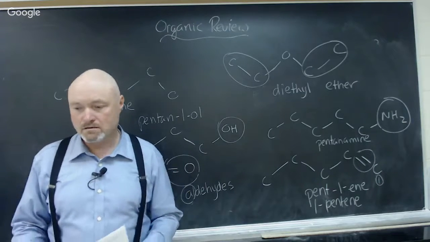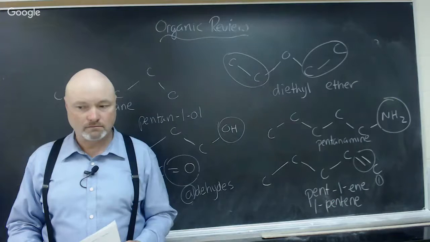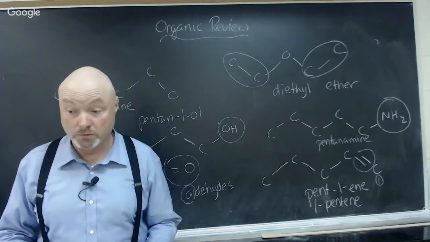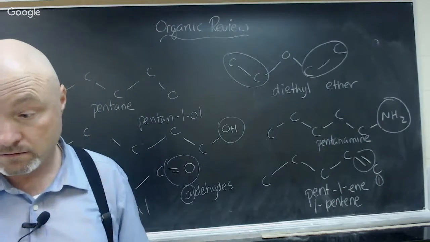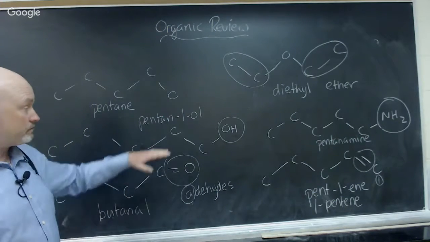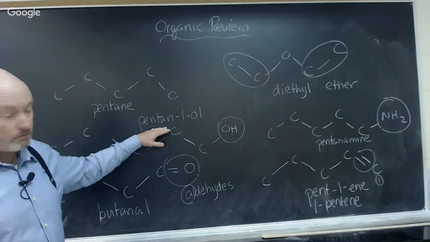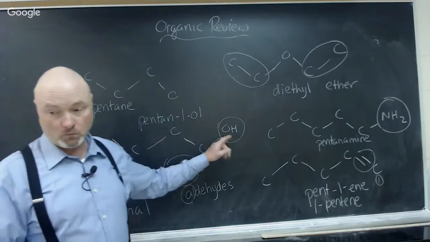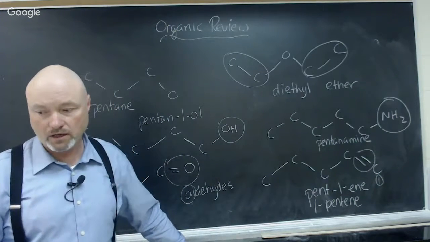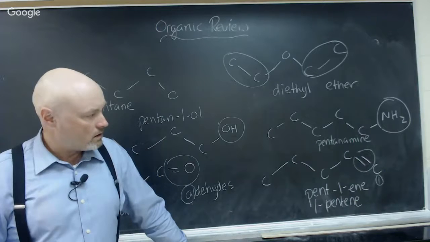Is it for the hydroxyls and the alkenes that I put the prefixes, the prefix of like 1 on it? Yes, so those are 2 examples where you have to make sure you're specifying what carbon the functional group is on. Are those the only 2 that I'll be needing to put?